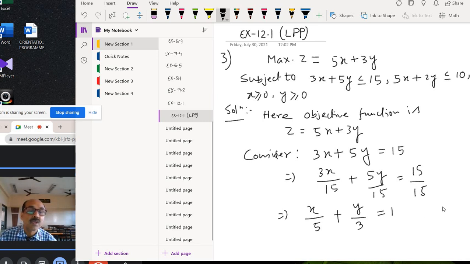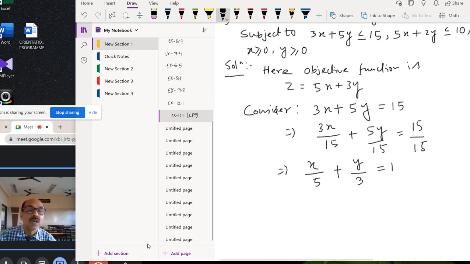Now another equation is 5x + 2y ≤ 10, and consider the equal sign, 5x + 2y = 10.